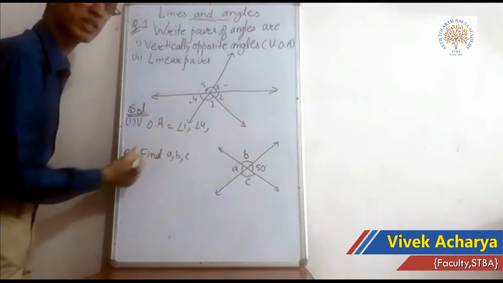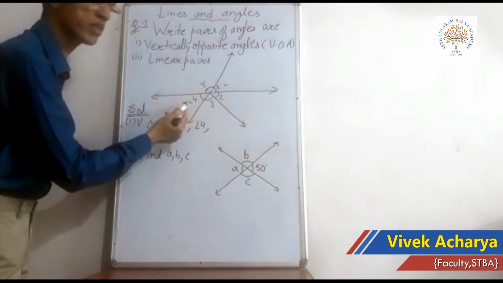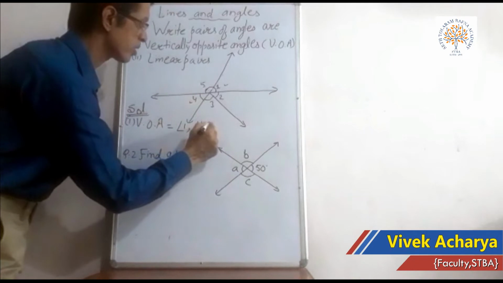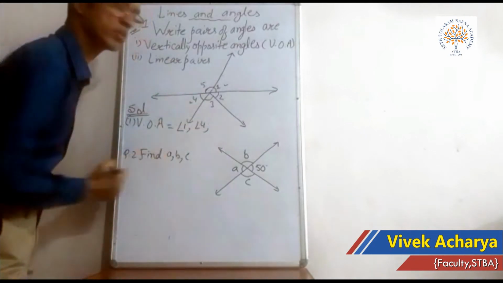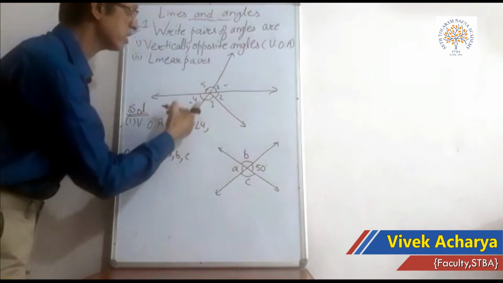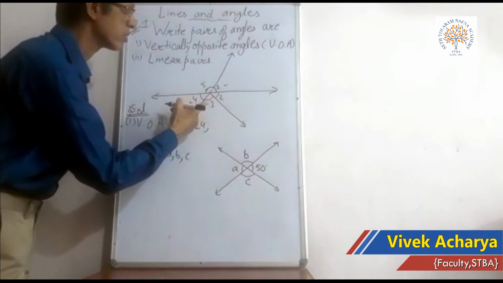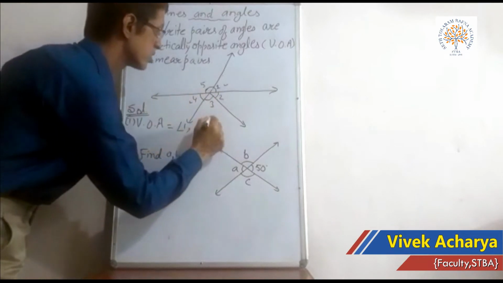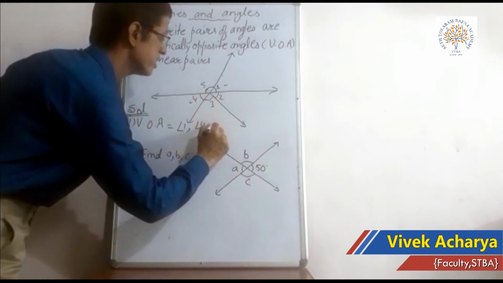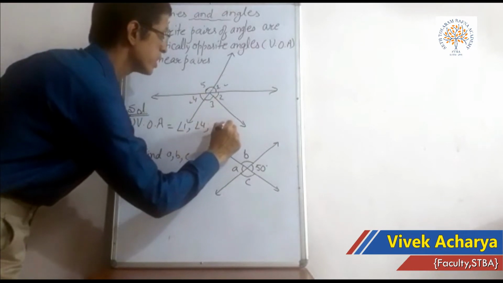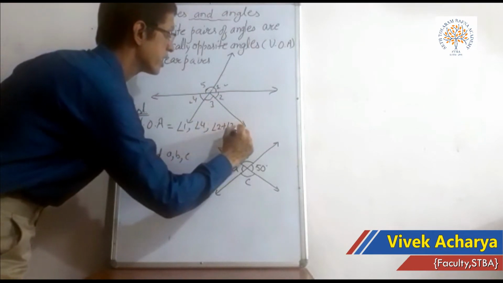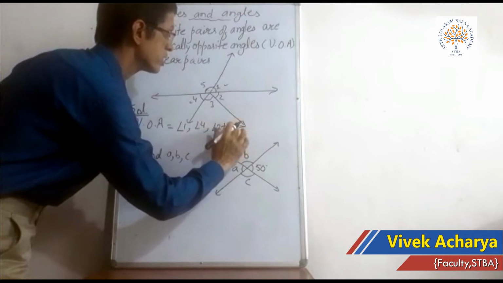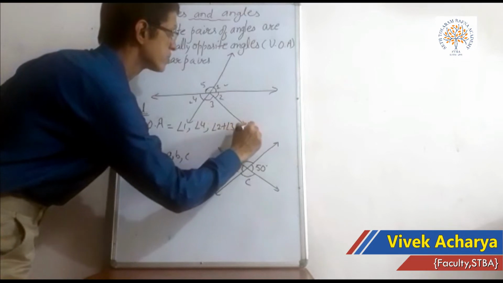So one pair I have written: vertical opposite angles are angle 1 and angle 4. Another pair you can write: angle 2 plus angle 3, and the vertical opposite angle to it is angle 5.